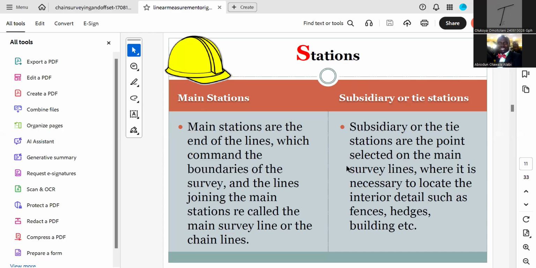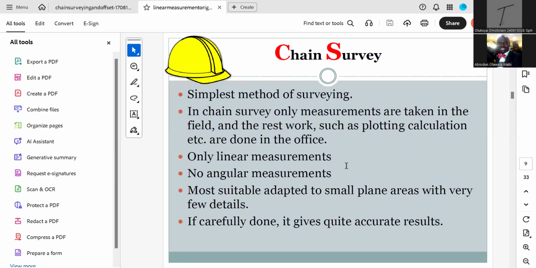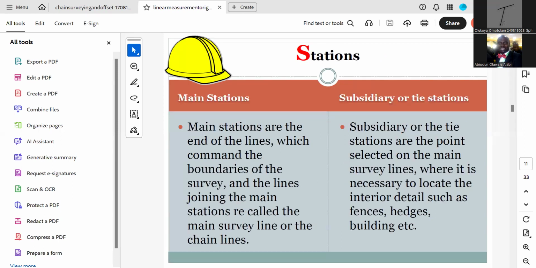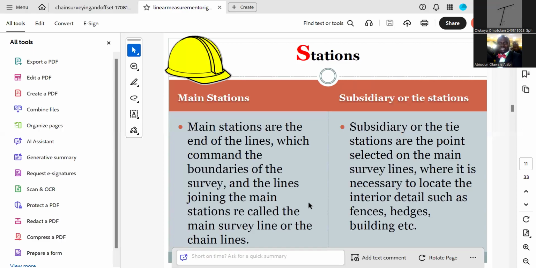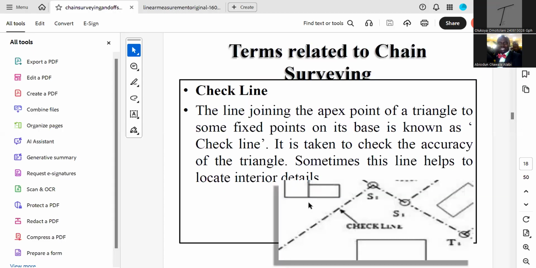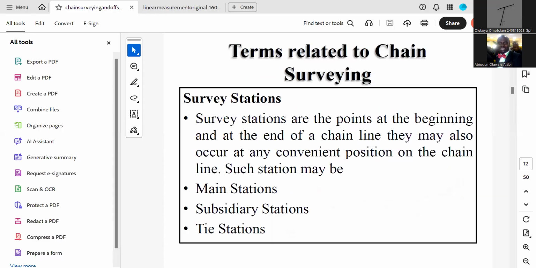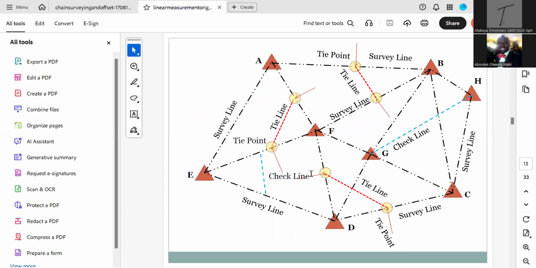So let me quickly show you what that definition is saying in terms of a diagram or illustration. Okay, good. Now, this is what that definition is saying for main stations. Look at it very well.